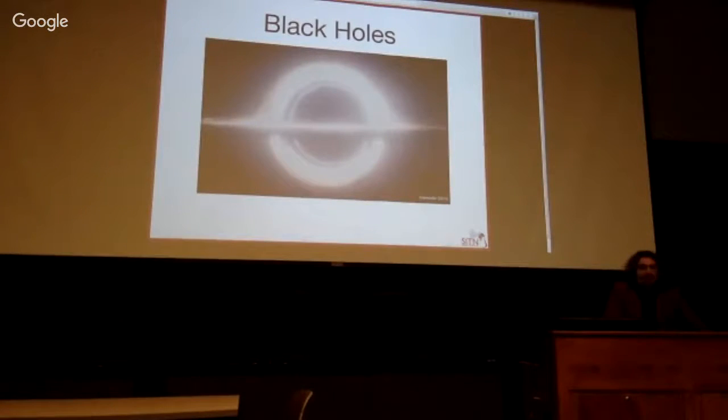So this is a picture of a black hole, but the thing is, you actually can't see a black hole. What you are seeing is essentially a stream of photons and light around the black hole. You can't actually see the black hole by definition. The fact that it's black means that you should not be able to see it. And that's how we visualize it.